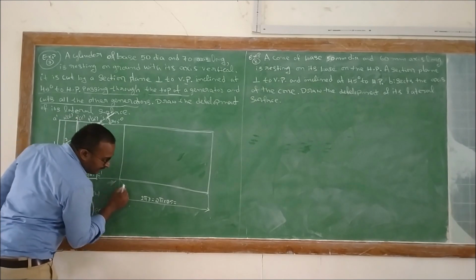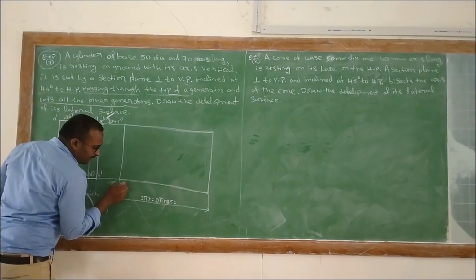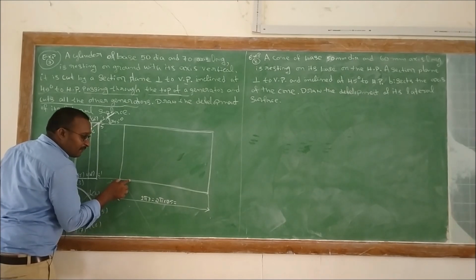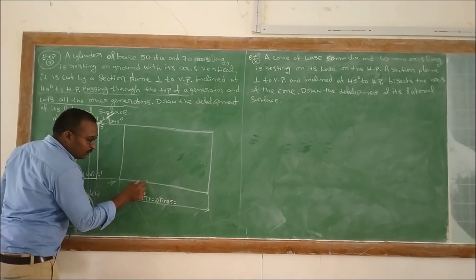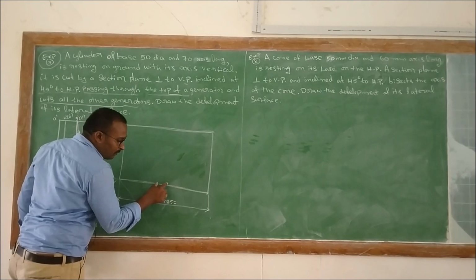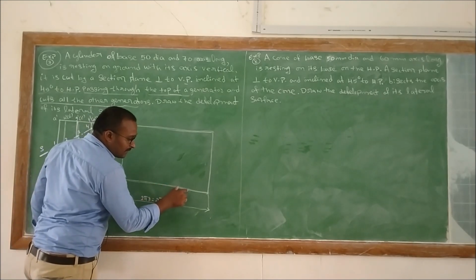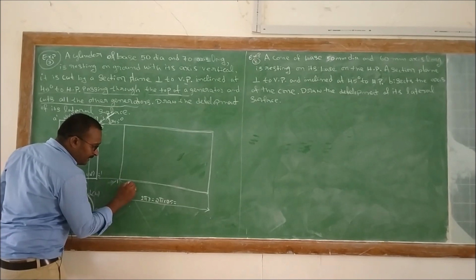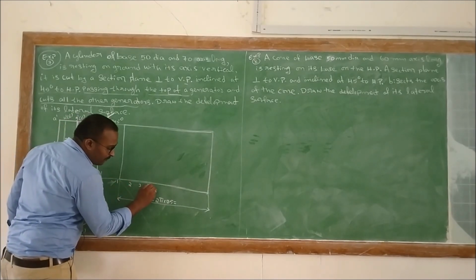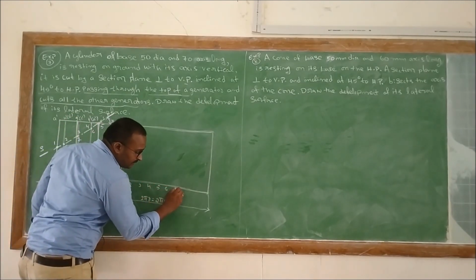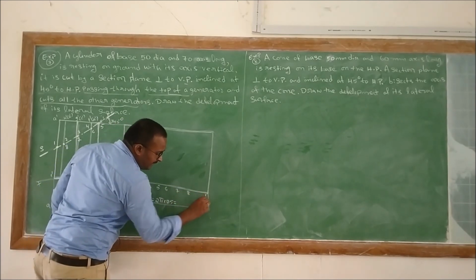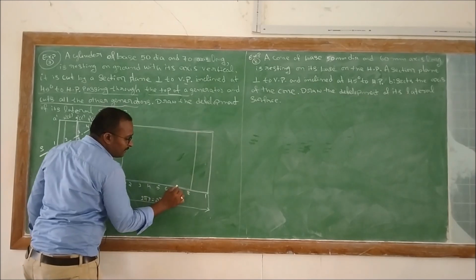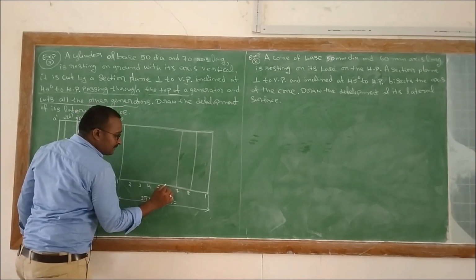By using the dividing a line method, you need to divide the total line into equal parts: 1, 2, 3, 4, 5, 6, 7, 8 equal parts. So 1, 2, 3, 4, 5, 6, 7, 8, and again 1, and develop the vertical lines.